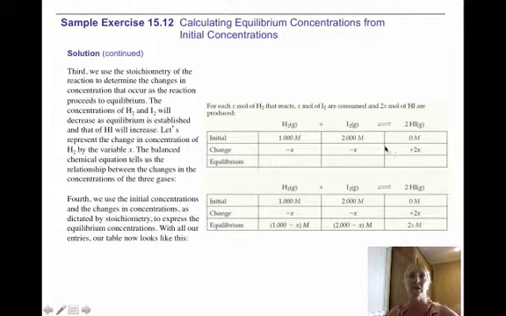Twice as much as whatever they lost. So we let X stand for the decrease in hydrogen and iodine, and 2X represents the increase in concentration of hydrogen iodide product. So you simply subtract, and we have 1 minus X molarity in hydrogen, 2 minus X molarity in iodine, and 2X is the molarity of the hydrogen iodide.